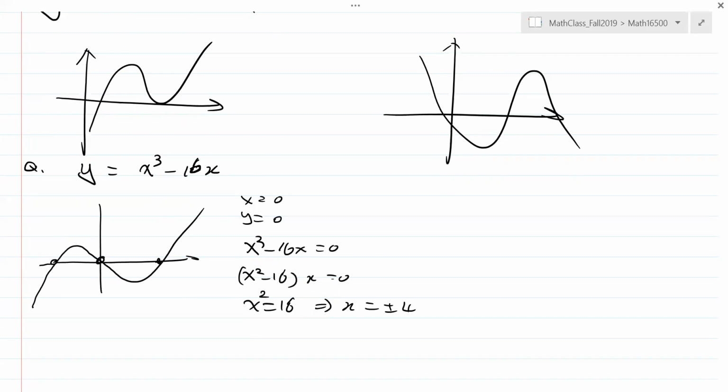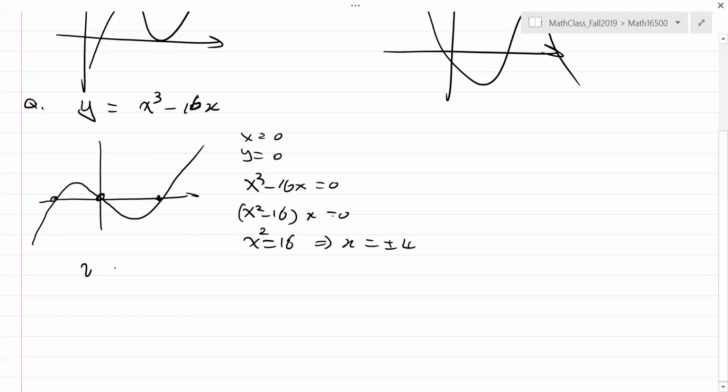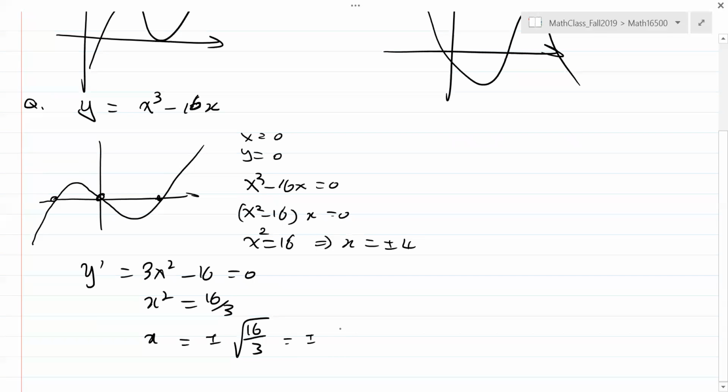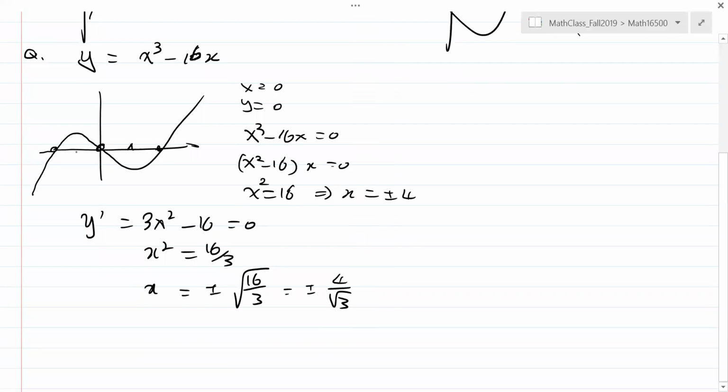So just find the derivative: 3x squared minus 16, set this to be 0. Then x squared equals 16 over 3. x is going to be plus minus square root of 16 over 3. So it is going to be some number, 4 divided by square root of 3. Somewhere here, it's symmetric. When it's here as when it's here.